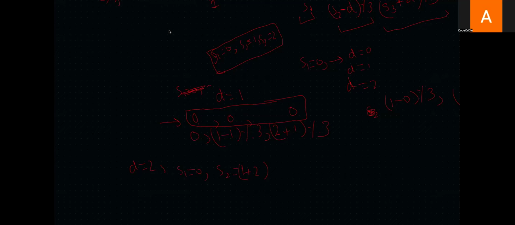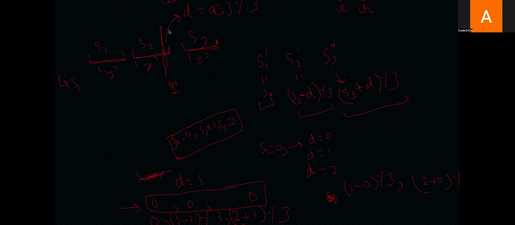Okay, sorry, my bad. So it's 1 minus 2 modulo 3, and S3 is... and why I'm reducing it, 1 minus 2, because of course you removed one segment from D, so it got removed from S2 and it got added to S3.